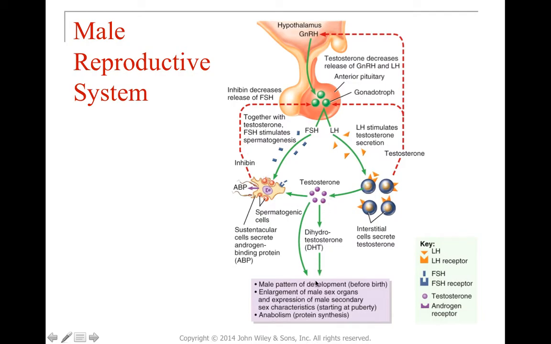It's also going to go back and forth into dihydrotestosterone. And the testosterone is going to decrease the release of GnRH and LH. So it's actually going to be a negative regulator of its own creation, if that kind of makes sense, at both the hypothalamus level and also at the anterior pituitary level.